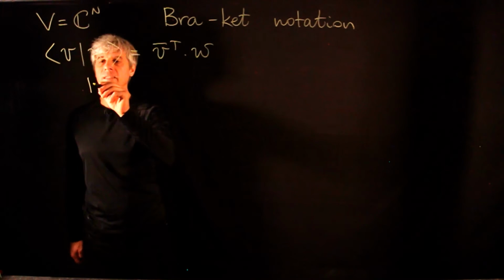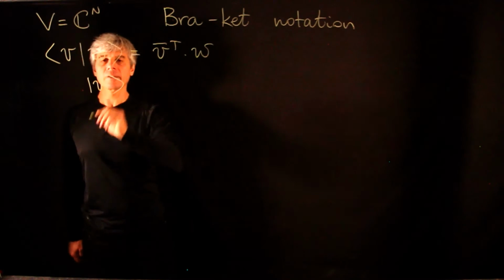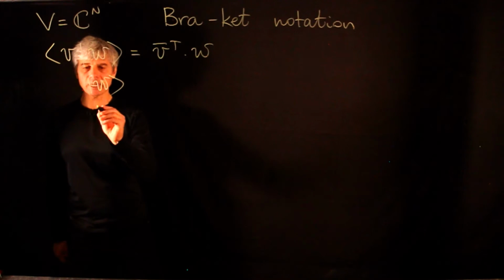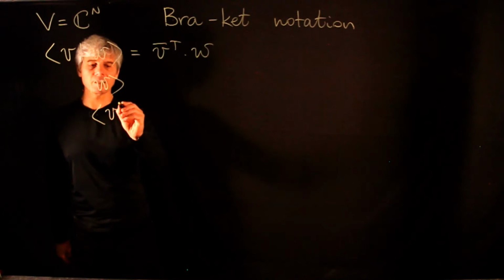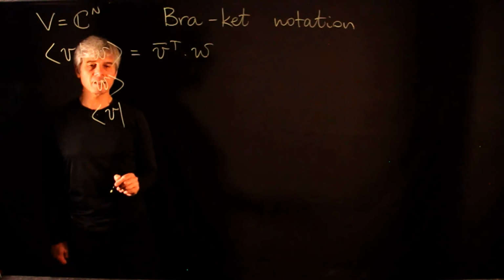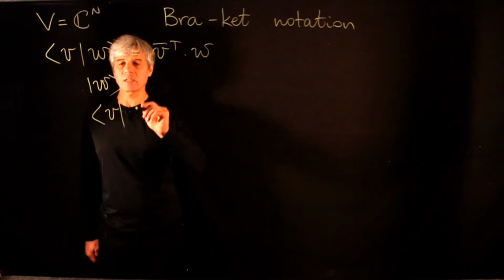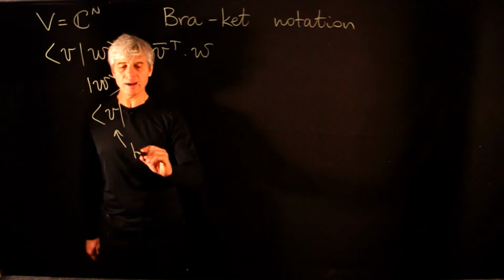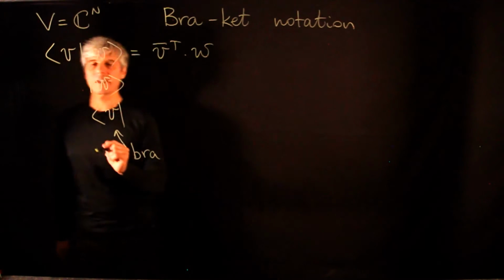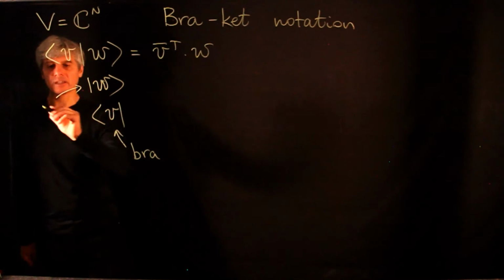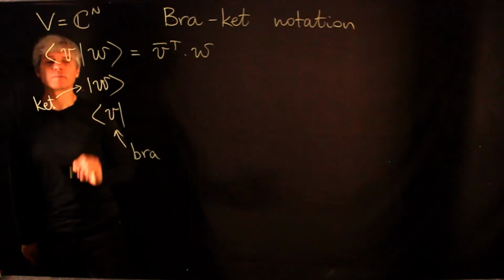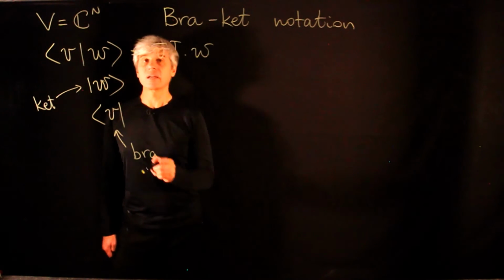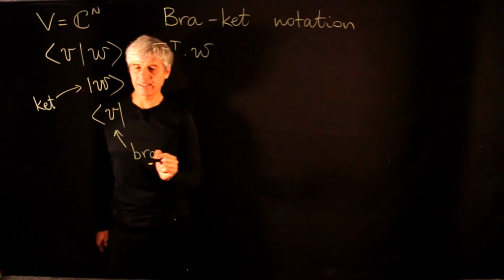And so they would write separately this, and they will write separately this. Right? And so this one is called the Bra vector, and this is called the Ket vector. And together they form a Bra-Ket.